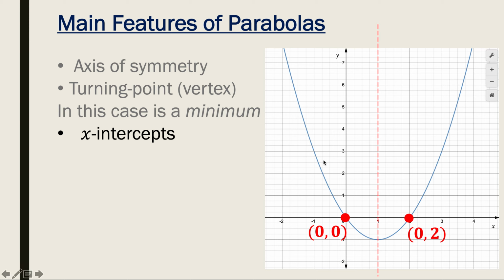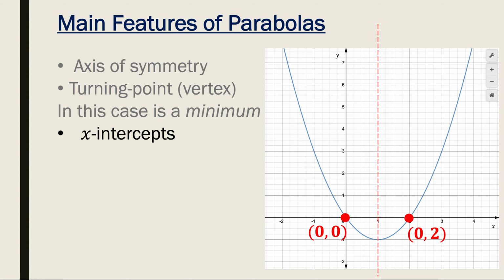Depending on the transformation that the parabola has, what happens if my parabola was drawn here? It will never touch the x-axis, so it won't have x-intercepts. So that's very important. Not all parabolas have x-intercepts. Please write that down in your notes. Very, very important.